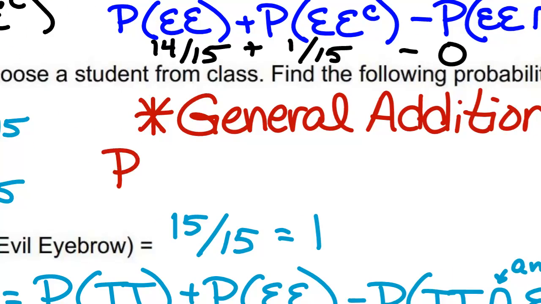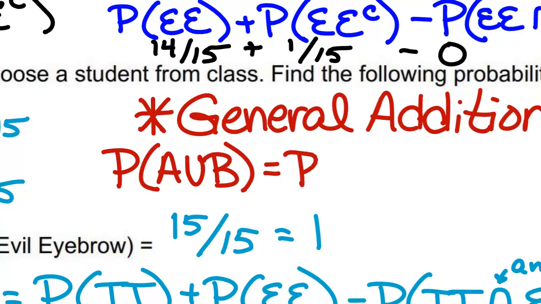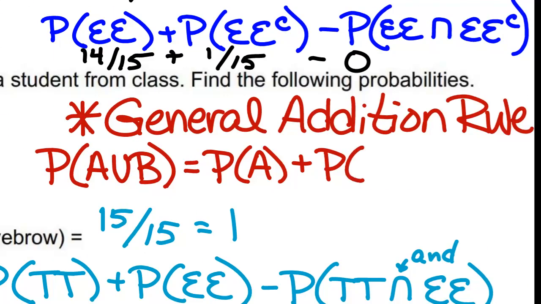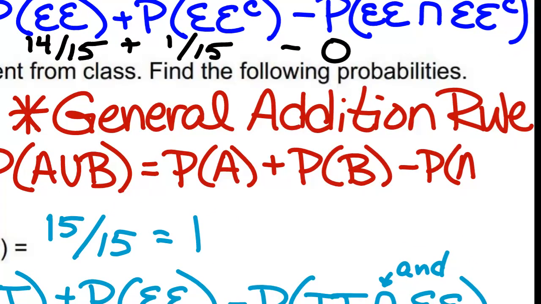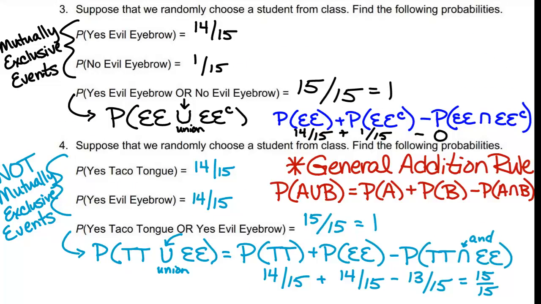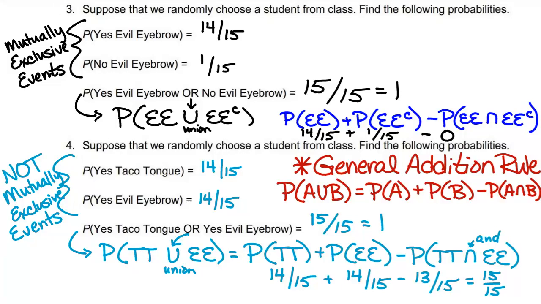General addition rule, the probability of an or, A or B, is equal to the probability of event A plus the probability of event B minus the probability of their intersection, probability of A and B. What if you didn't know if two events were mutually exclusive, but you knew these three things?